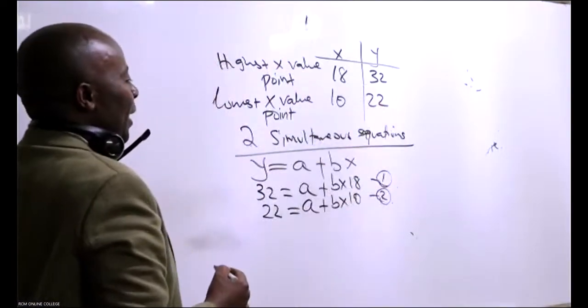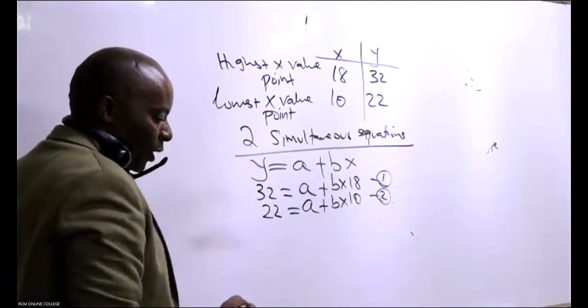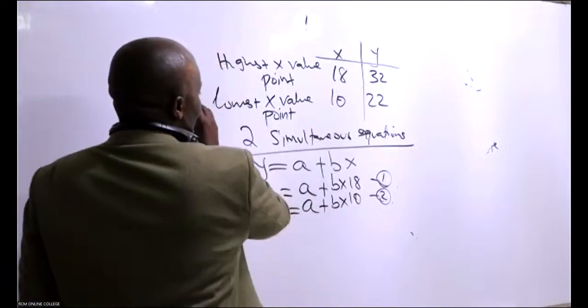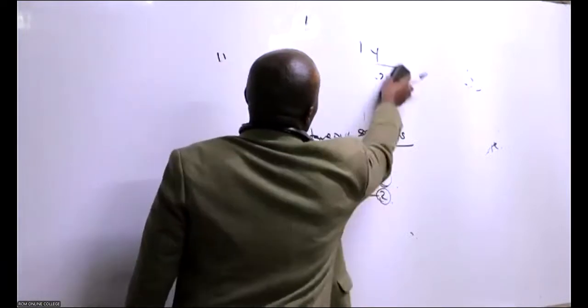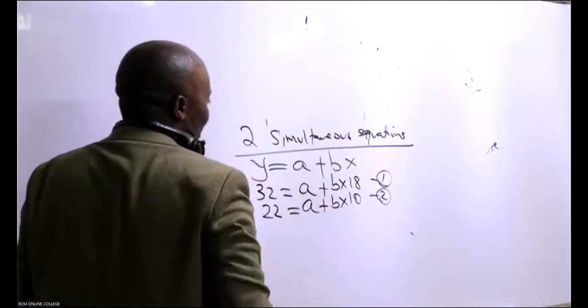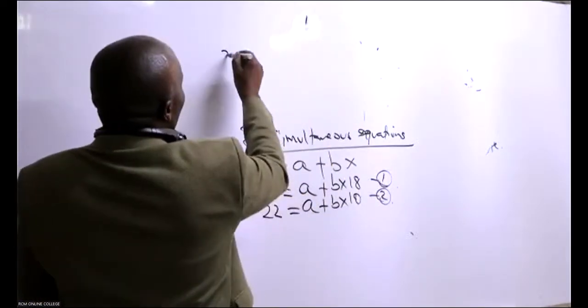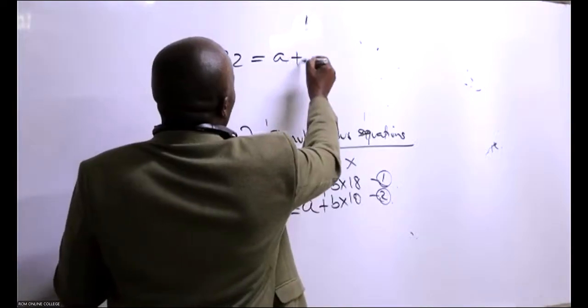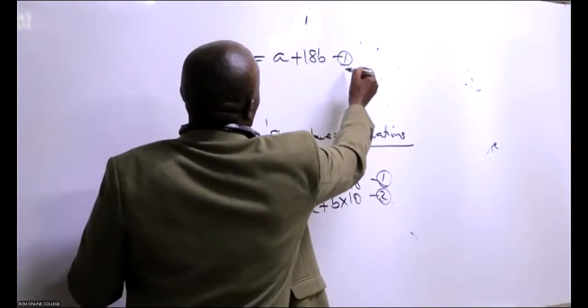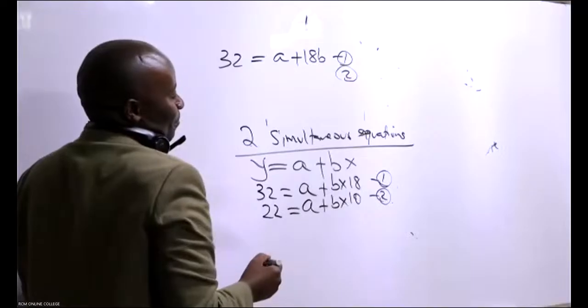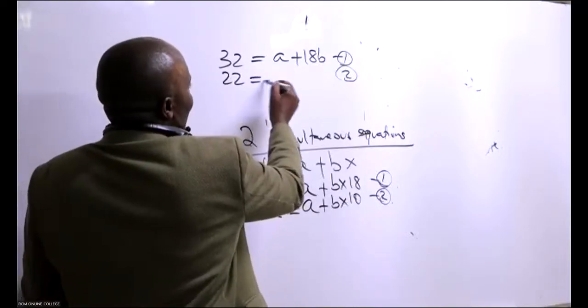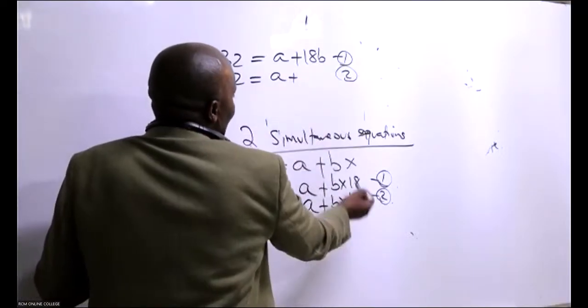We can't leave those with times; we have to write these in a proper way. So it will be 32 equals a plus 18b, equation number 1, and equation number 2 is 22 equals a plus 10b.